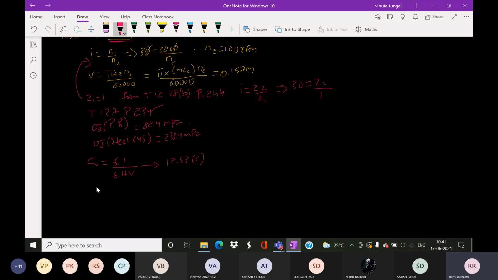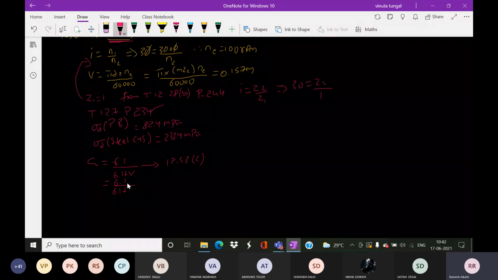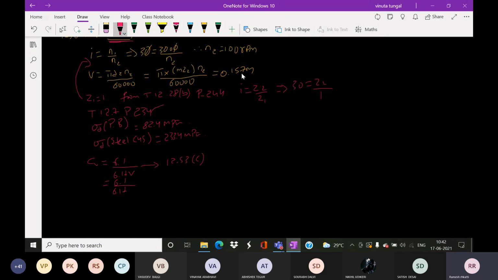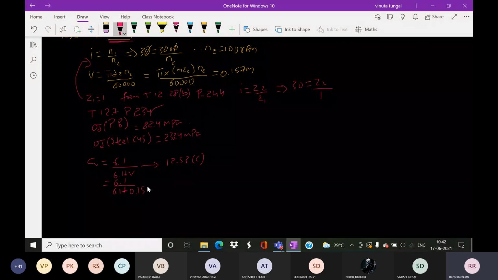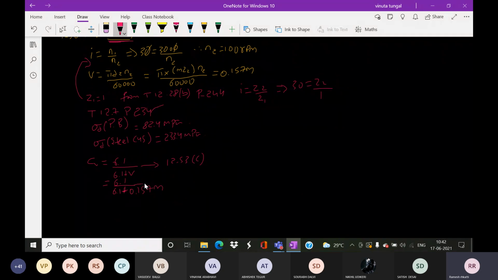Use this equation and calculate the value of CV. It is 6.1 divided by 6.1 plus V, calculated as 0.157 m plus 0.157 m. Okay, this is the CV value.